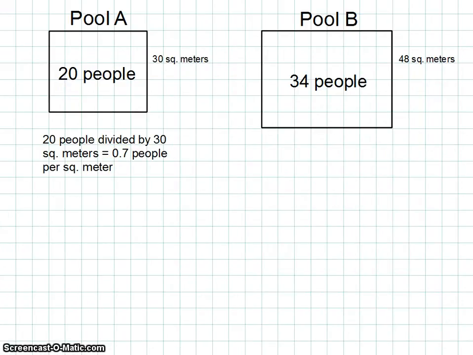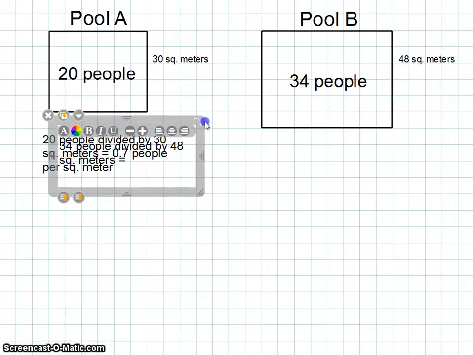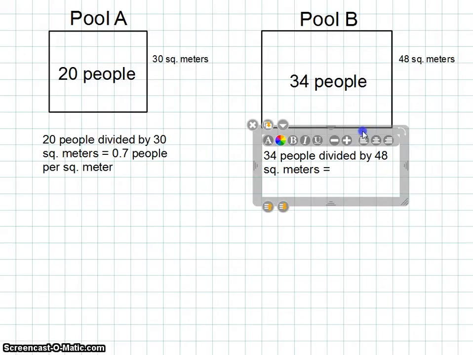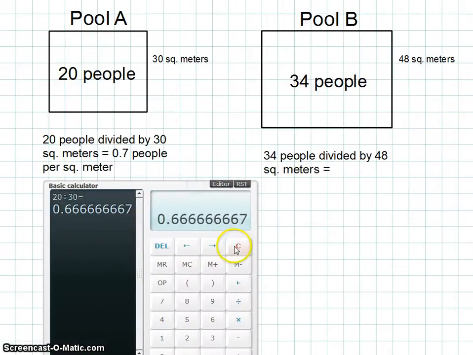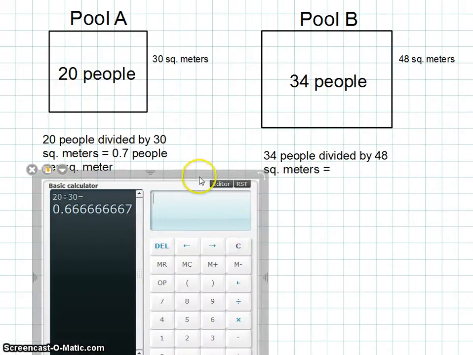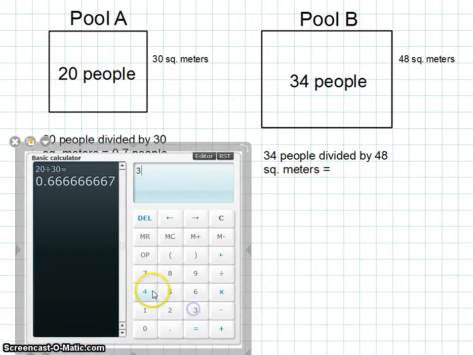Now, let's figure out how many people per square meter for pool B. I think the number sentence that we can use to solve that is 34 people divided by 48 square meters. If we do that using our calculator, 34 divided by 48, that'll give us this number.